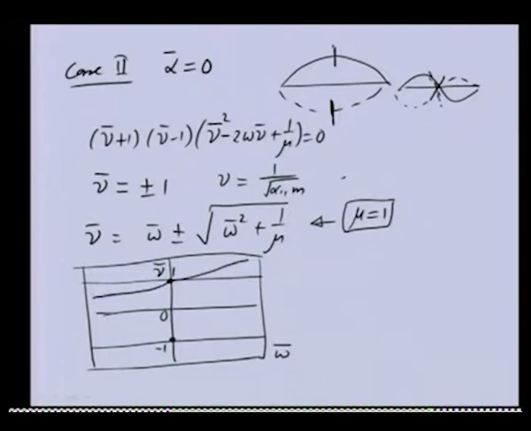And similarly here, because there are positive and negative roots, we will be getting this kind of curves. So this is one line, this is a horizontal line, and this is a frequency curve. This is also a frequency curve.